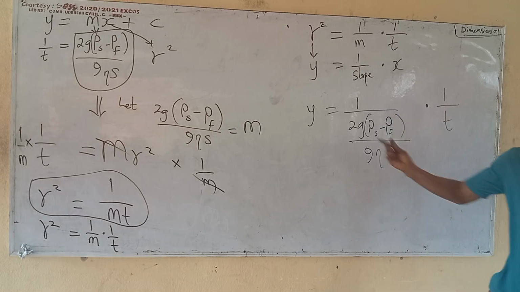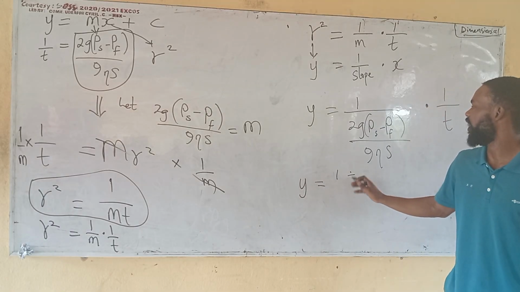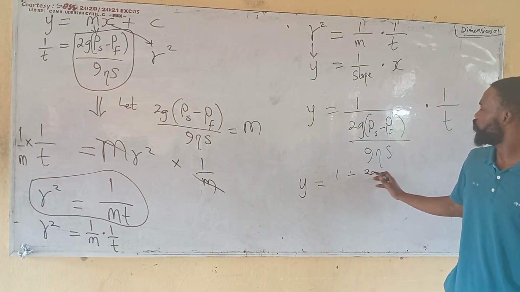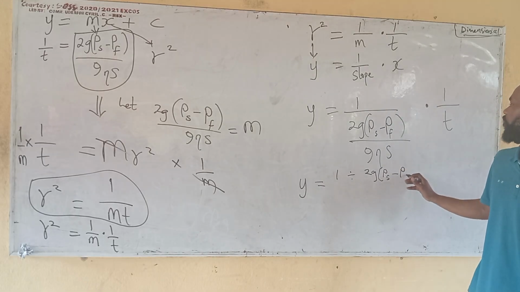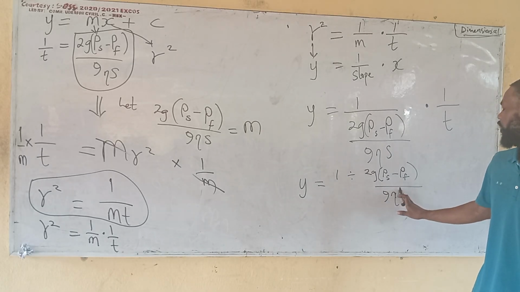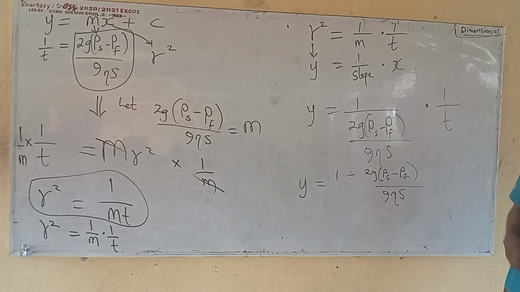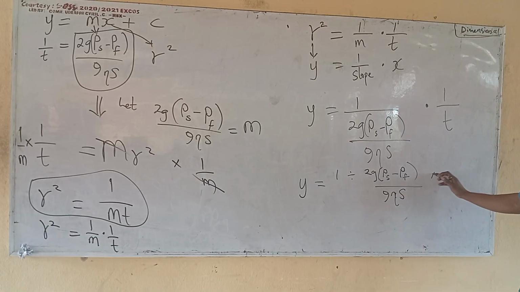So if that be the case, I have y equals 1 divided by 2g(rho s minus rho f) all over 9 eta s. And that s is for displacement. I'm doing all these things this way so that you don't miss any step and get confused.